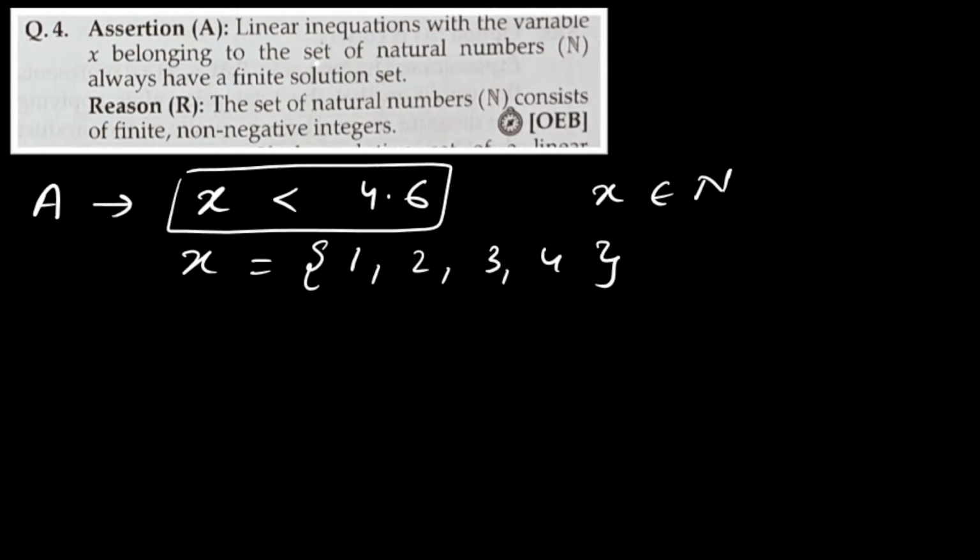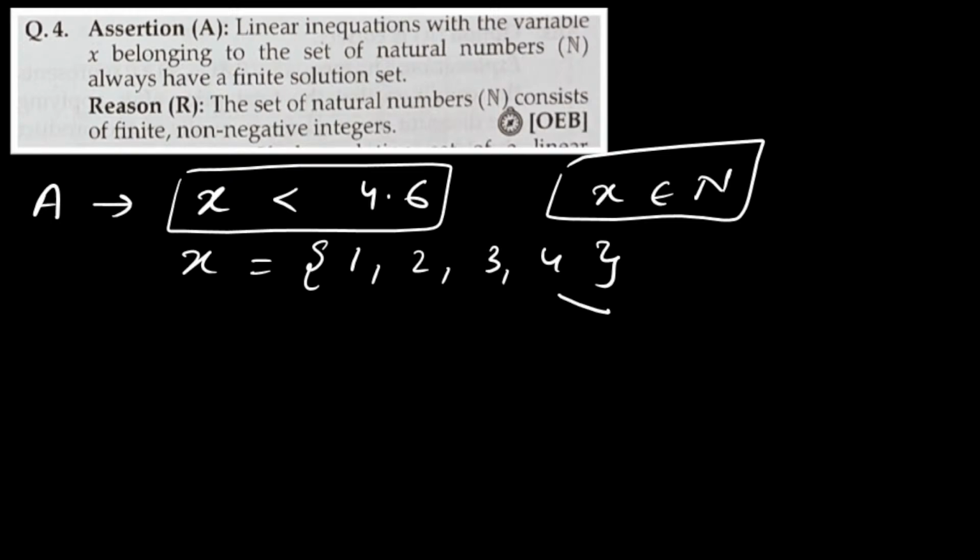We have done this today, but x belongs to natural numbers. So what is the solution set? 1, 2, 3, 4. Here the variable is x belonging to the set of natural numbers.